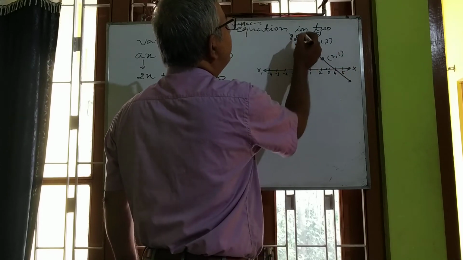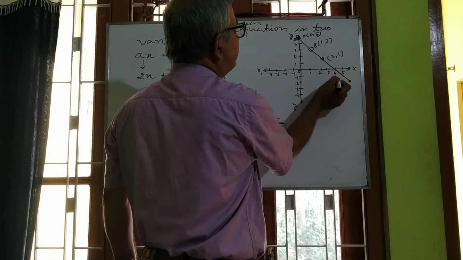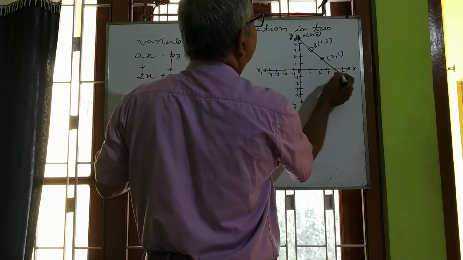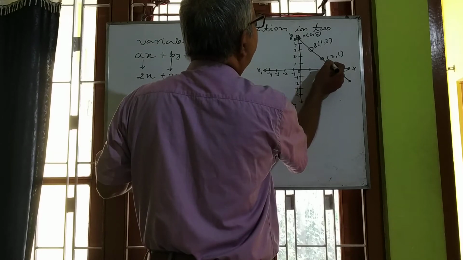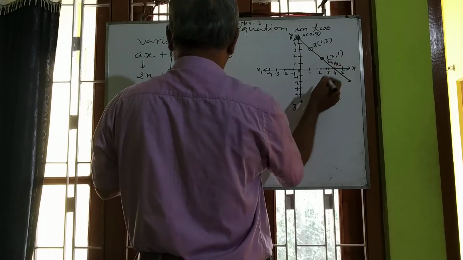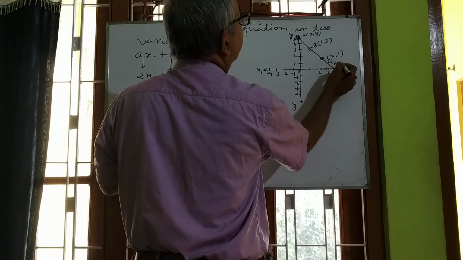What will be written on this line? What is the name of this line? Equation of this line is what? 2x plus y is equal to 5.